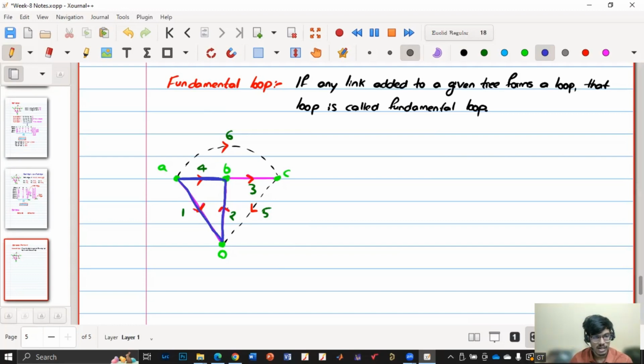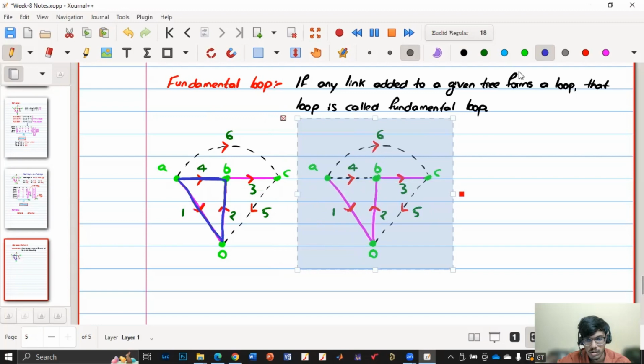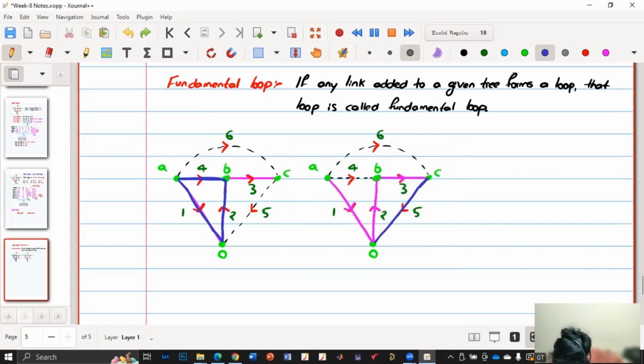If we consider that link, a loop is formed. Similarly, if I consider another link, say this one, 5, this forms a loop, isn't it? So here one loop is formed.